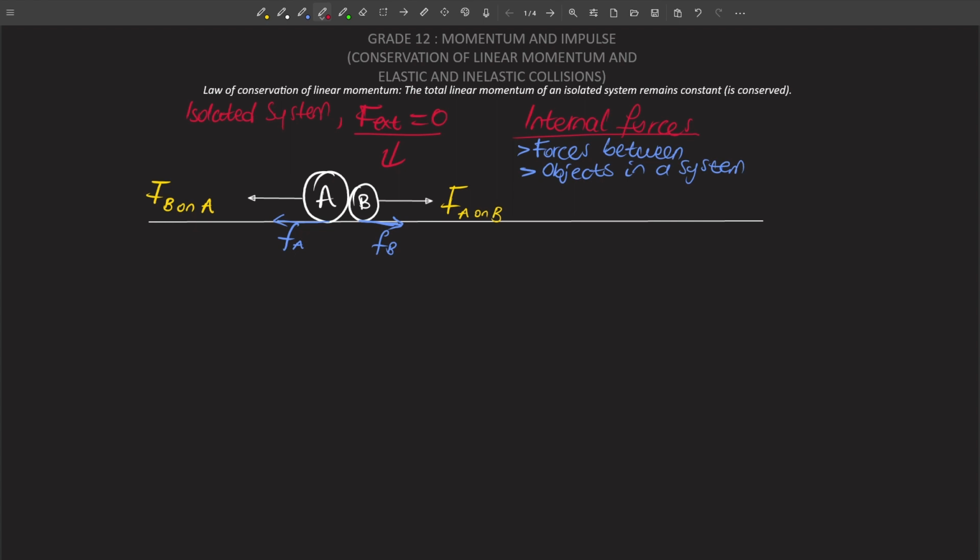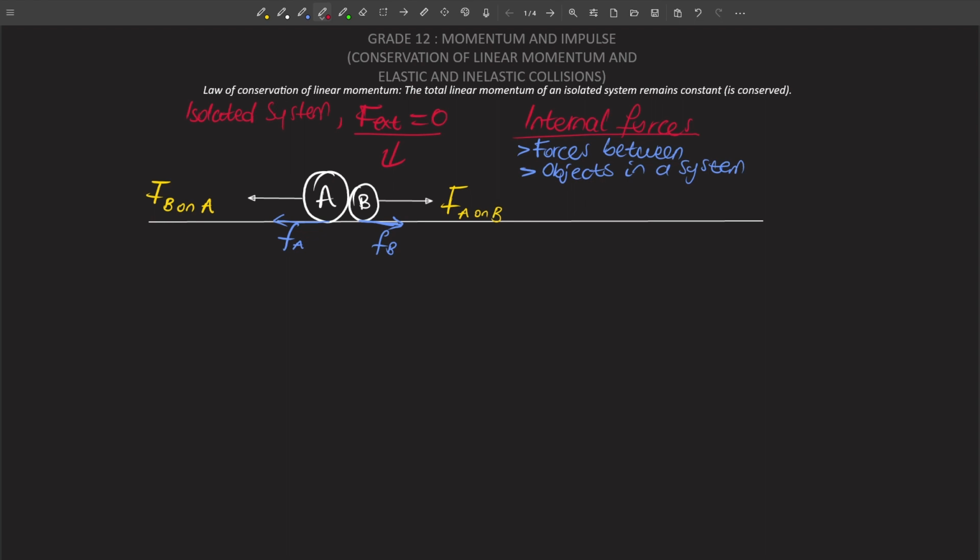So for us to be able to observe the law of conservation of linear momentum, the system should be isolated.